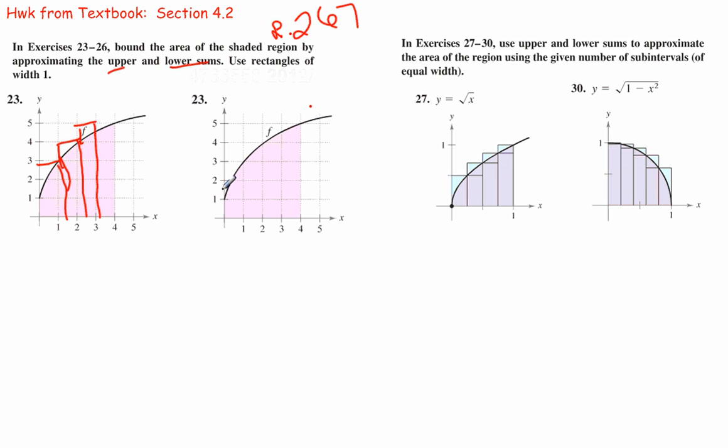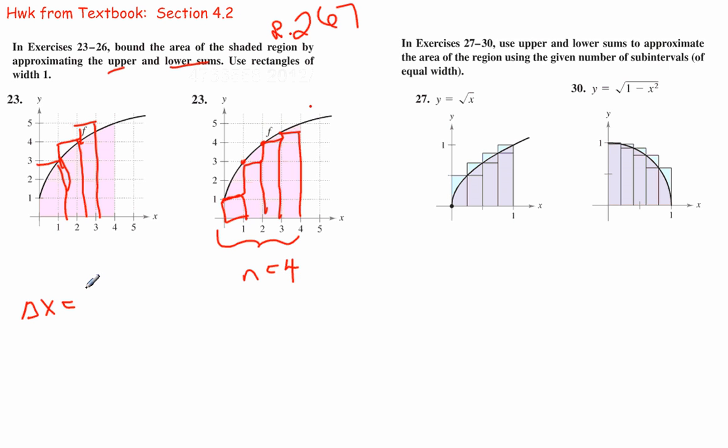The lower sum following my left hand, so I'll be using f of 0, f of 1, f of 2, f of 3 right there. Kind of sketching these in a little bit. So there's my 4 rectangles. And it said just use rectangles of width 1, and that's what will give us an n value of 4 then on this. So calculate out your delta x.